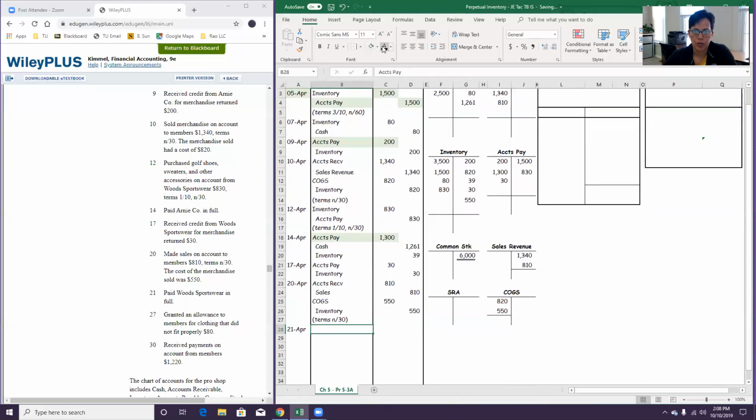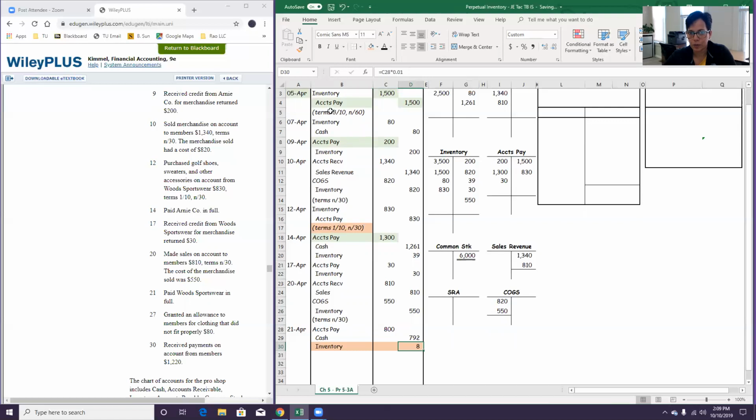Okay. So our journal entry is going to be accounts payable debit. The amount we owe them is 800. We're going to pay them cash, but the amount of cash we're going to pay them is 792. How much discount did we get? We got a 1% discount. Different color here, 1% discount. So the inventory credit is going to be for $8, 1% of the amount that we owed, because the terms were 1/10 net 30.